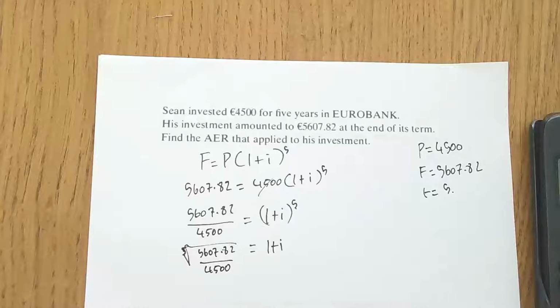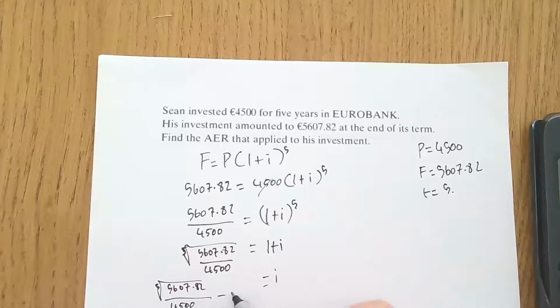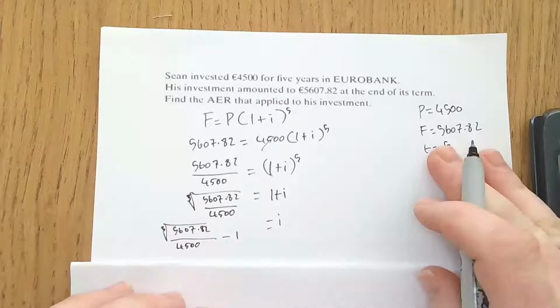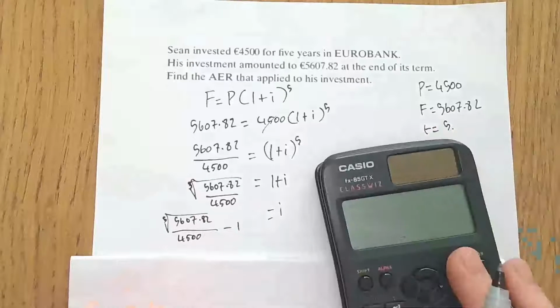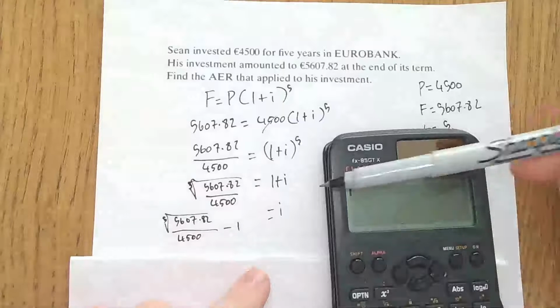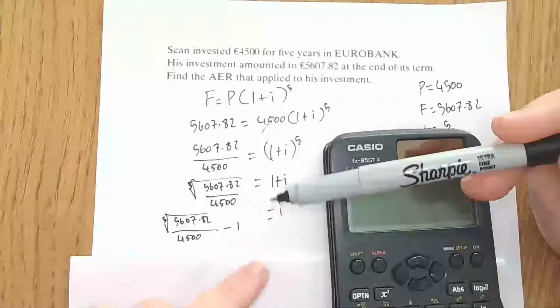If I want I, then I just subtract 1 from both sides. So I is equal to the fifth root of 5607.82 divided by 4,500, minus 1. I'll do that now all in one go. I didn't bother using my calculator until I had manipulated it as far as possible.